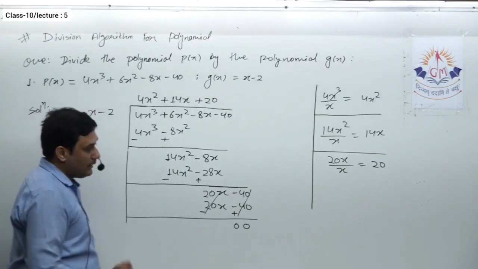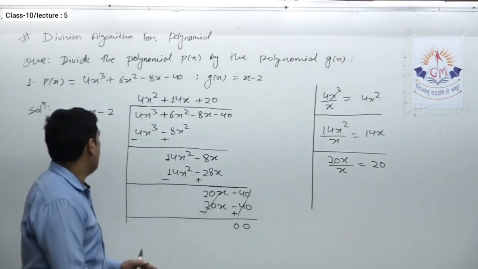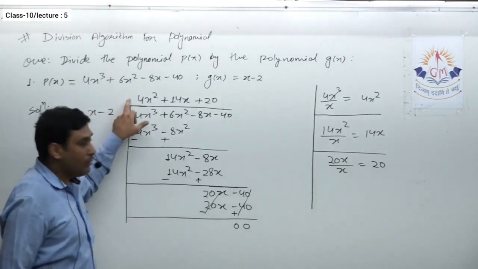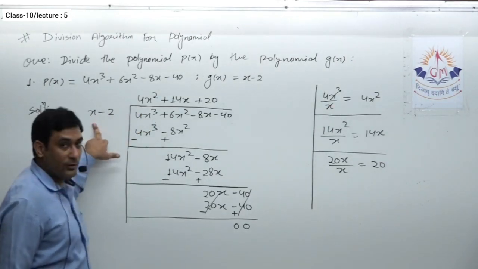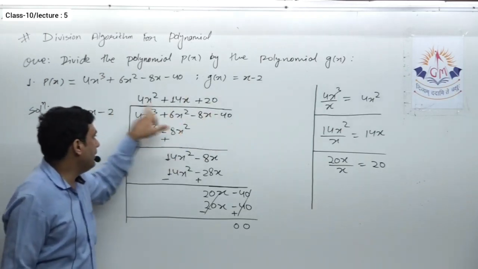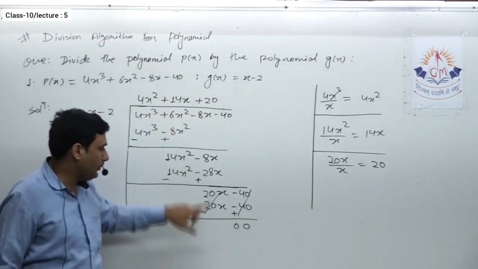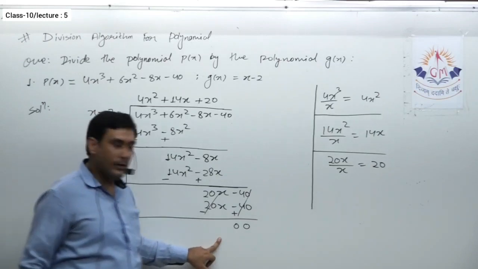All terms are cancelled. So here I can say this was the dividend polynomial, this was the divisor polynomial, this is considered the quotient polynomial, and the remainder polynomial is 0.